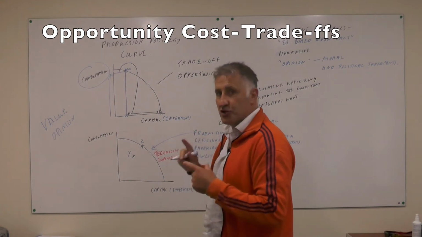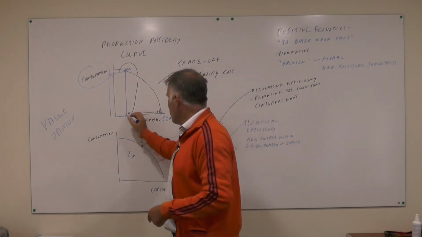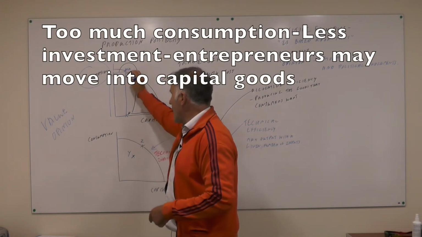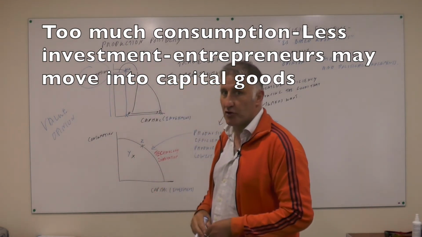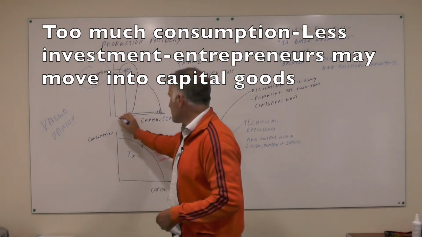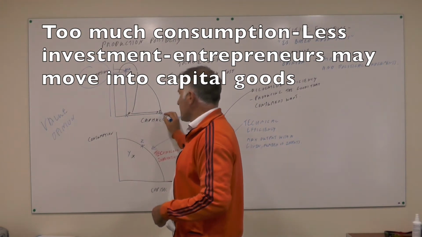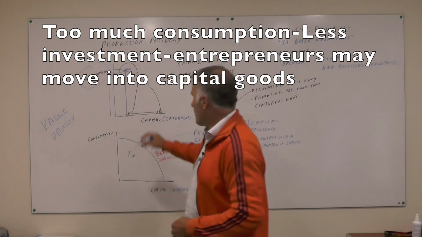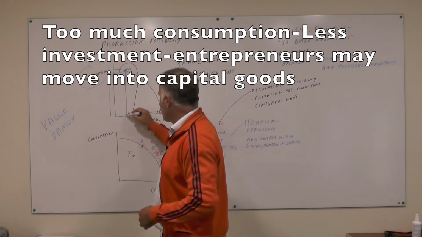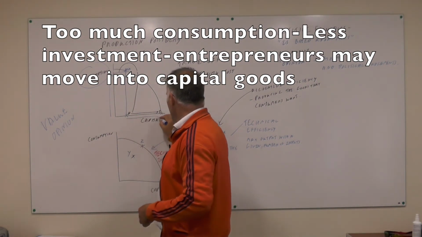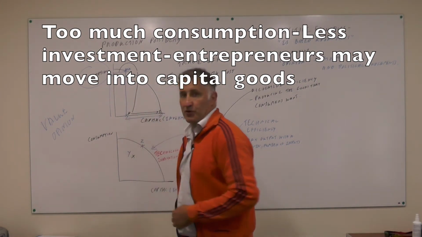However, there's an opportunity cost involved, in that we're not undertaking all of that investment at that point, which is what we could do. Because if we didn't have any consumption at all, then we would undertake that much investment. But by having lots of consumption, we're giving up that amount of investment.